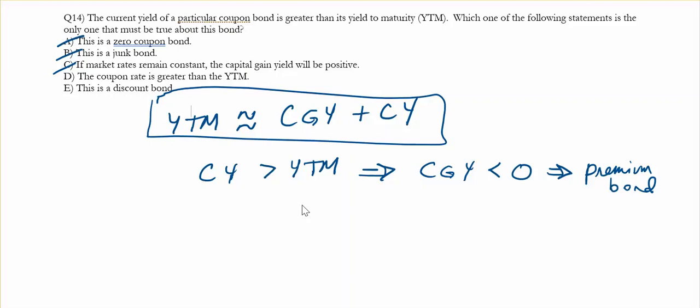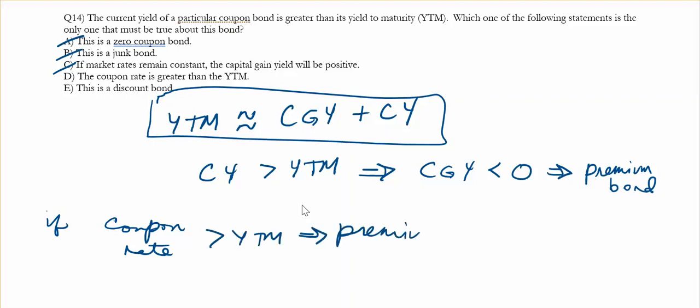The coupon rate is greater than the yield to maturity. All right, now let's consider what coupon rate greater than yield to maturity means. If the coupon rate is greater than the yield to maturity, then that makes this a premium bond. All right, is that consistent with what we've concluded here? Yes, it is. So D looks good. E, this is a discount bond. False.